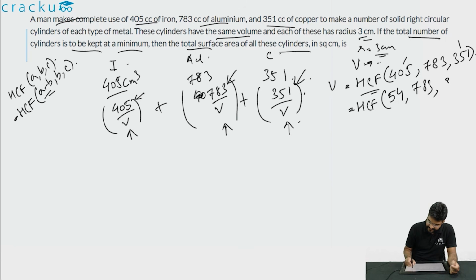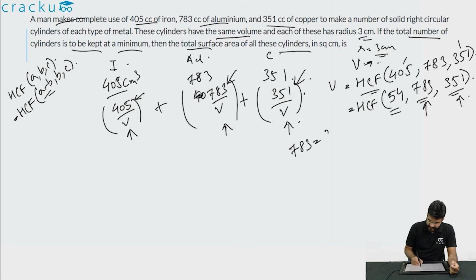783 and 351. Now if you look at 54, you can figure out that it is a multiple of 9. It's a multiple of 27 and 2. Clearly the other two numbers, 783 and 351, are odd numbers. So we will check if 27 divides either of these two numbers. 783, for example, is 810 minus 27, and 810 is 27 into 30.